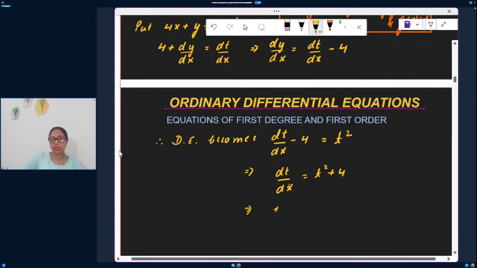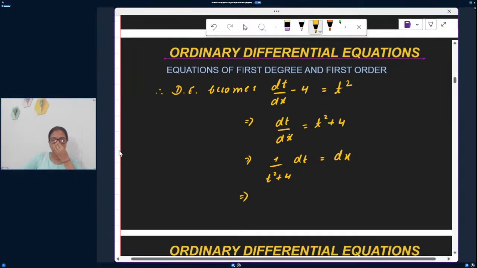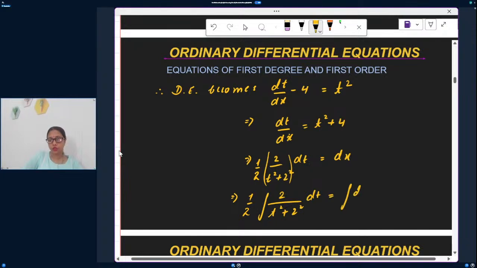We can separate the variables: 1 by t square plus 4 dt is equal to dx. This is 2 square, right? And we need a 2 here and 1 by 2 here. So by integration, it becomes 1 by 2 integration of 2 by t square plus 2 square dt is equal to integration of dx.